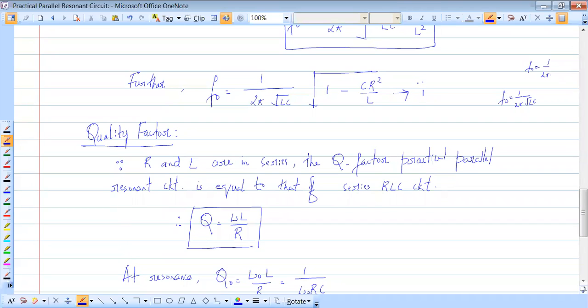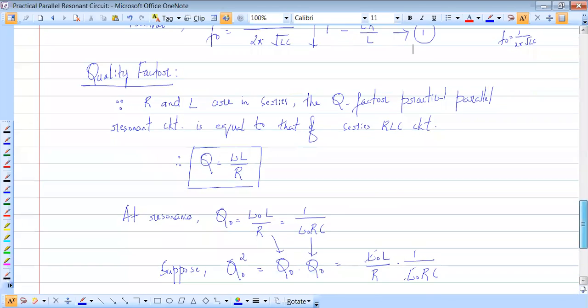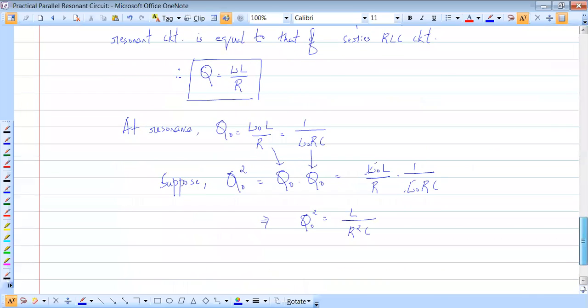Therefore, equation number 1 can be written as CR squared divided by L, so it is the inverse of that.